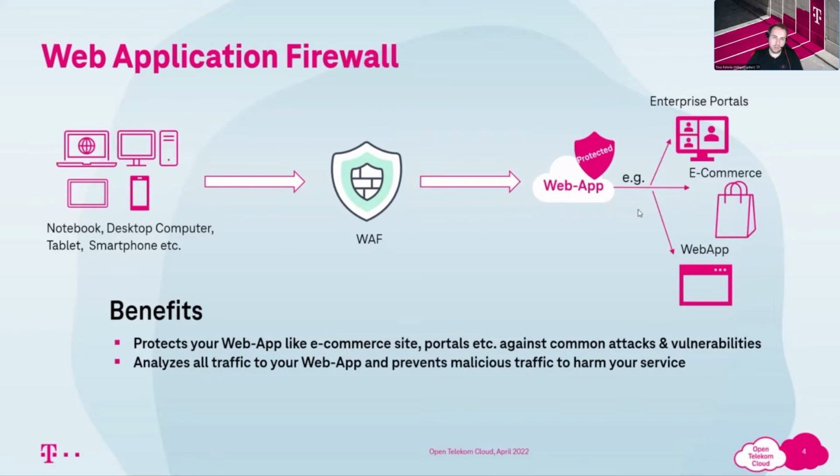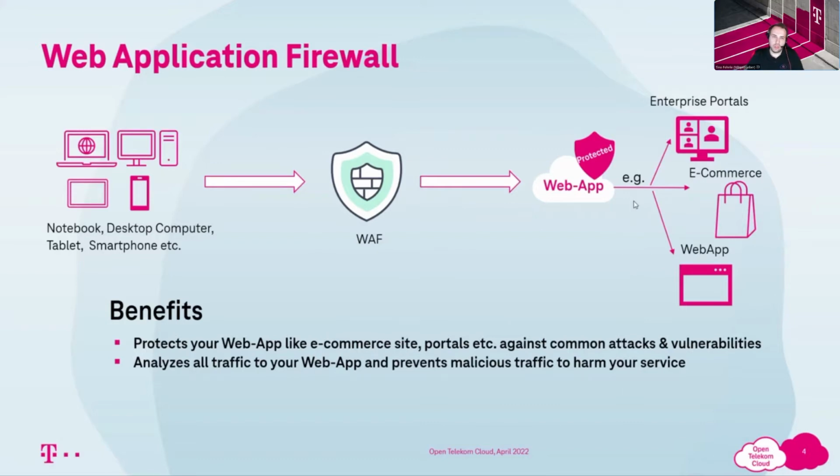The benefit of the Web Application Firewall is that you have protection of your servers against the most common attacks and vulnerabilities. The purpose of the WAF is to analyze all traffic coming from any clients, like notebooks, desktops, tablets, etc. It doesn't matter which client. If they want to access your web server, you have a protection mechanism which you can place beforehand.